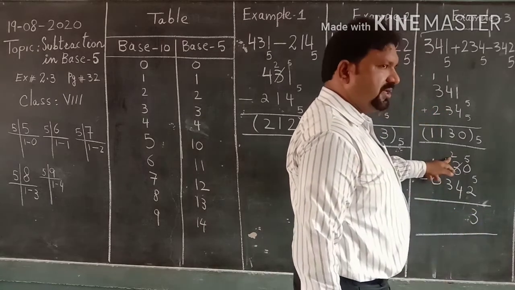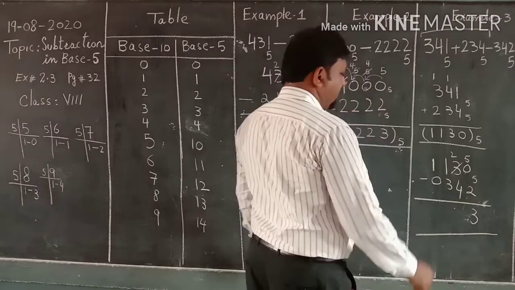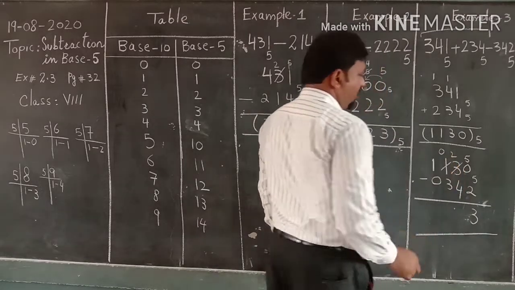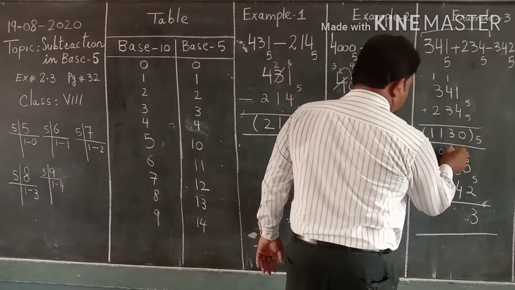Now again 3 is smaller than 4, so we will take a carry from here, cut it and write 0, and now that we are taking a carry, write 5 here.